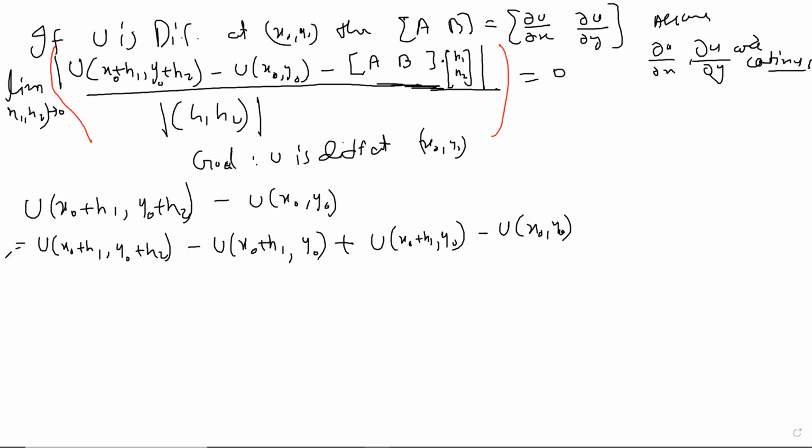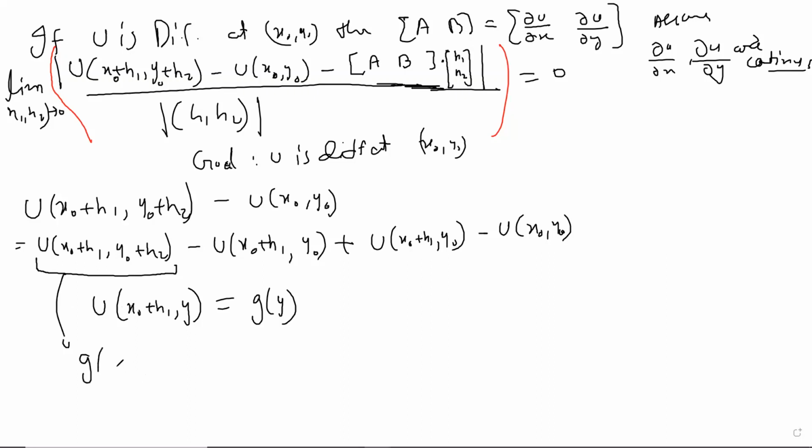See, let's consider this as a function in the second variable. Let's call this g_y. If you call that g_y, you fix the first variable. You're not changing it. Then what does this expression become?